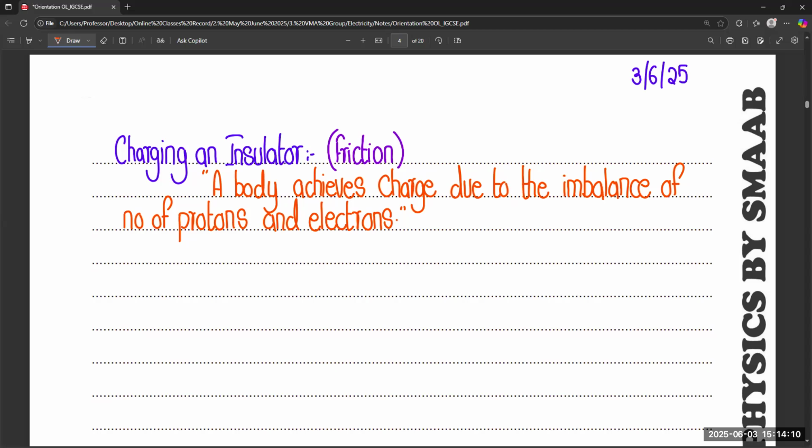And always remember, just like in the previous topic we discussed, only electrons are available to move, because protons are in the nucleus. Protons cannot move from their position, only electrons can move. And when electrons move, either we have an excess of electrons on the surface, or a deficiency of electrons on the surface.